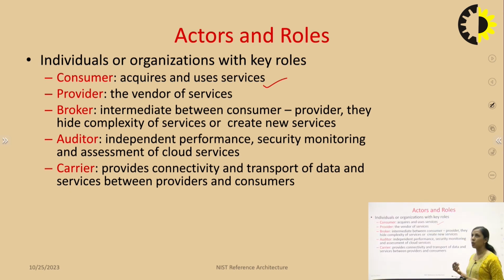If they require more services, they have to pay more according to the need or requirement. We can say that the consumer consumes the things. So this is an example of on-demand service, meaning whenever we require, we can use the different services.